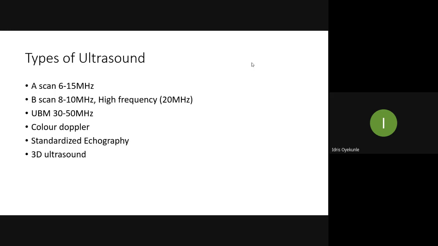There's also the UBM, which is known as ultrasound biomicroscopy, and the frequency ranges between 30 to 50 megahertz. There's a color Doppler ultrasound, and various other types like standardized echography and three-dimensional ultrasound.